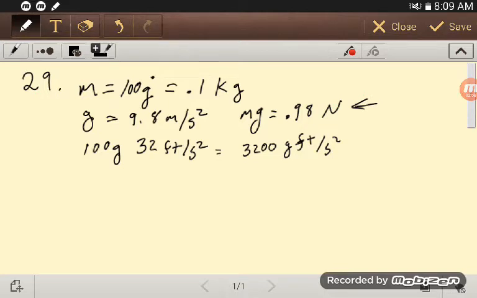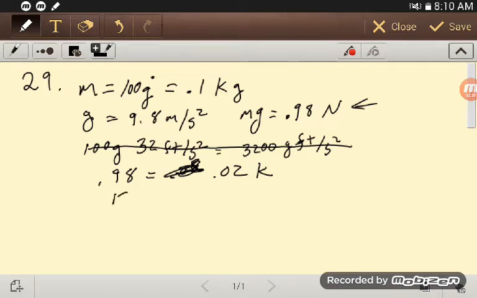So that was 2 centimeters. Same sort of thing. You have your 0.98 is equal to 2 centimeters, but these are in meters, and so 0.02, pretty ugly, so 0.02 times K. So now we've got everything in the same units, and so K is equal to 0.98 divided by 0.02.